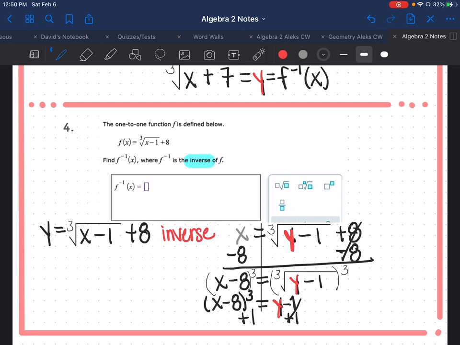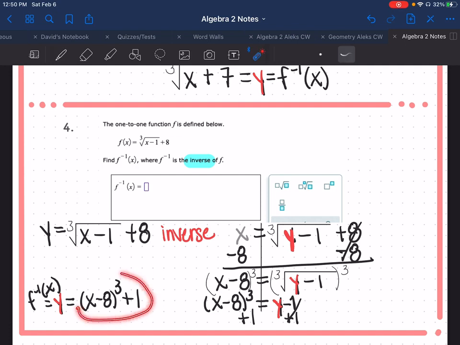You would simply have y equals x minus 8 cubed plus 1. Remember, this y is your inverse, and you just have to write the notation in front. So what's going in my answer blank? This one right here.